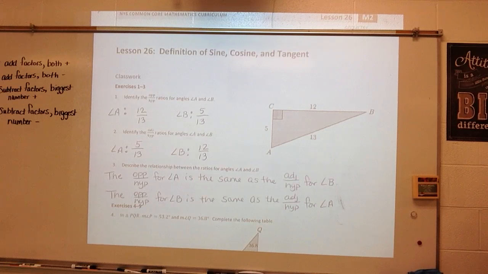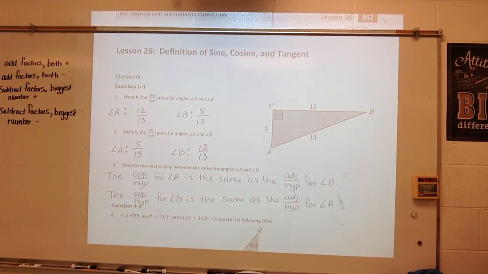So we want to call these fractional expressions, in other words, our trigonometric ratios. These ratios were discovered long ago and have several names. The names we currently use are translations of Latin words.